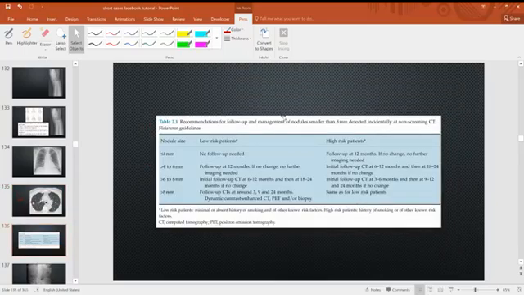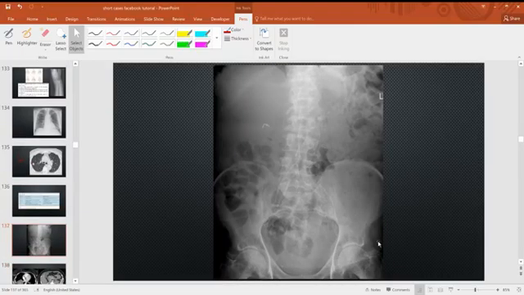And here is some suggestion from the Fleischner guidelines for what you see, the guidelines for further follow-up of the nodules. Okay, we can move to the next case.